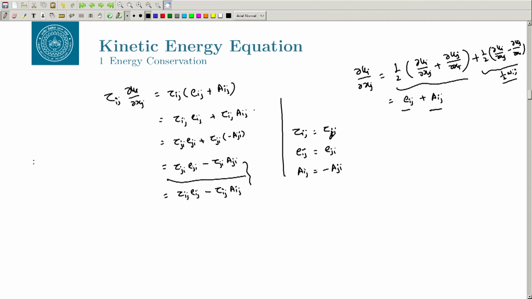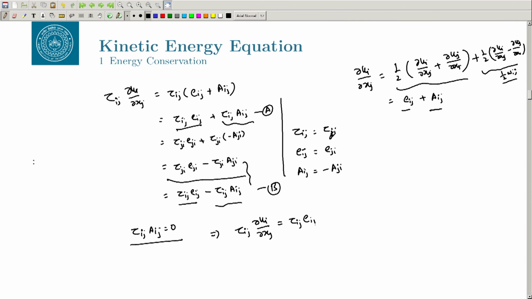So, you can compare this A and B. On the left-hand side, the first term is the same, but the second term is positive in one and negative in the other. This is only possible when tau_ij A_ij is equal to 0. That means tau_ij del u_i by del x_j is nothing but tau_ij into the symmetric part of the strain tensor.